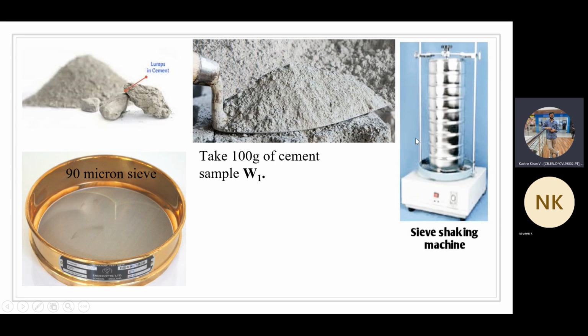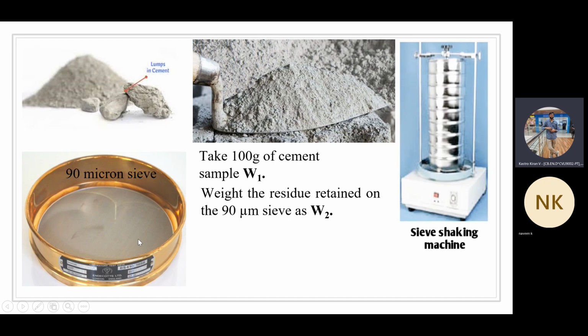If the sieve shaker is available, you can keep the setup in the sieve shaker. If the mechanical sieve shaker is not available, you can just sieve the sample for at least 5 minutes. After 5 minutes, you're going to take the weight of the sample that is retained on the 90 micron sieve.